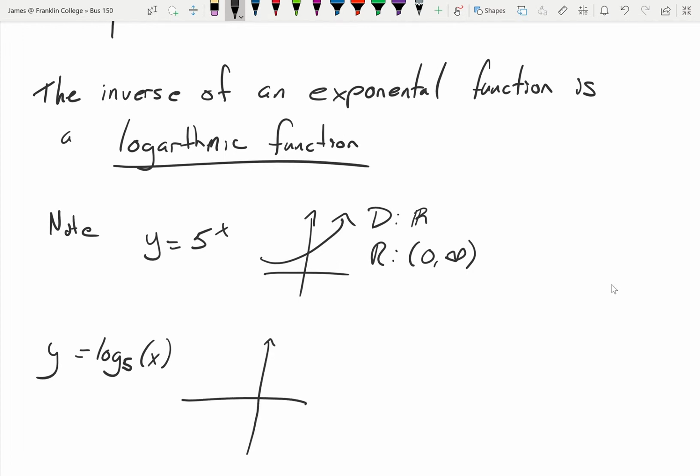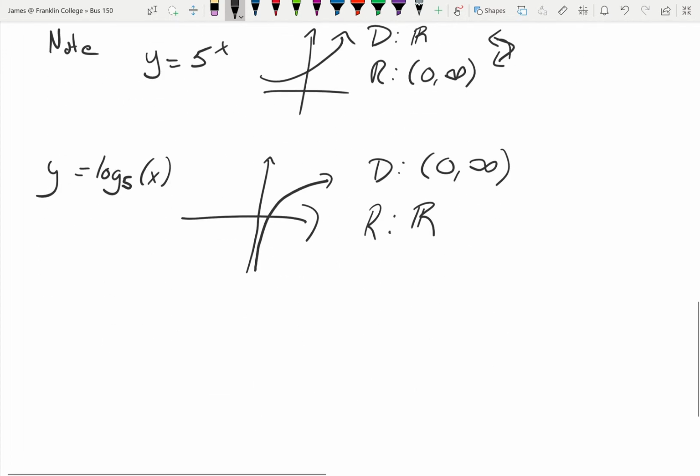If we graph this, it looks something like that. The range and the domain are going to flip this time. So the domain, rather than being all real numbers, is going to be from 0 to infinity. And the range, rather than being from 0 to infinity, is going to be all real numbers.